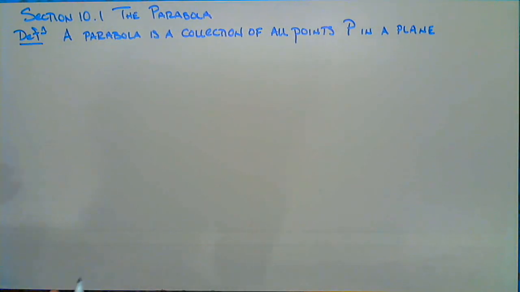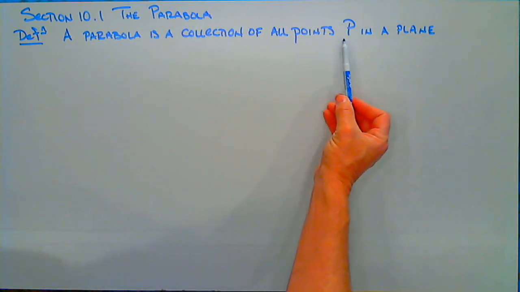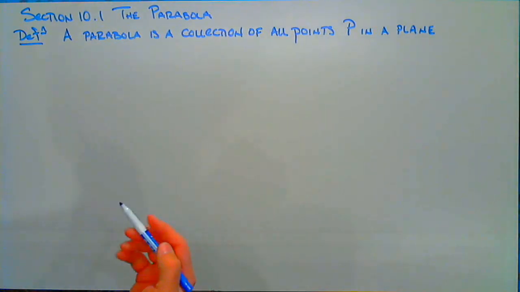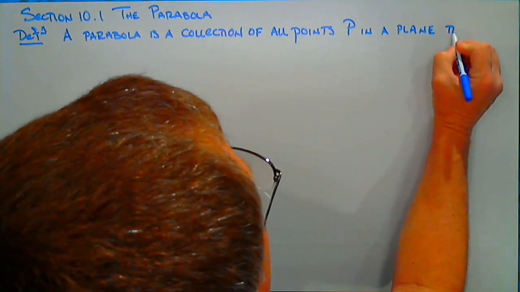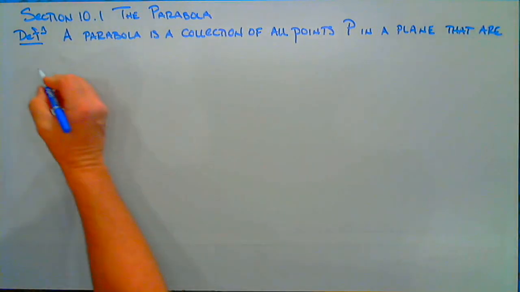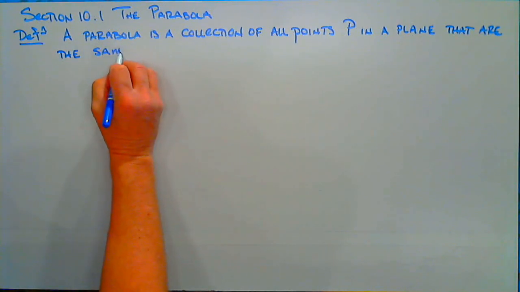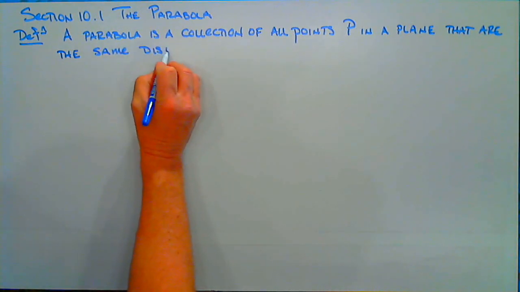Now, what are the important characteristics of these points? Well, as it turns out, these points share a distance-based definition. That's what's important. So a parabola is a collection of all points P in a plane that are the same distance.